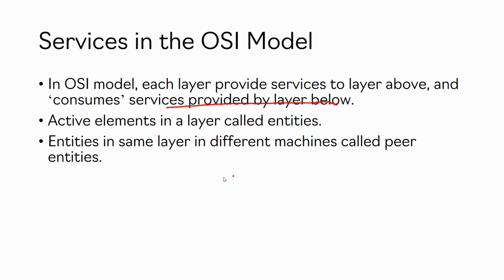For example, layer 2 produces frames, and the frames are consumed by what? By layer 3, because layer 3 consumes them to produce packets.